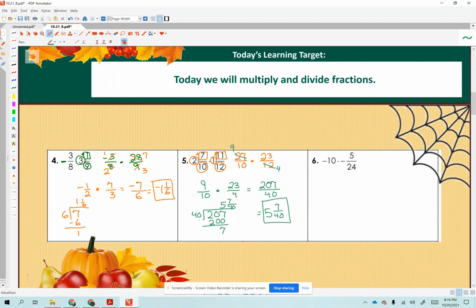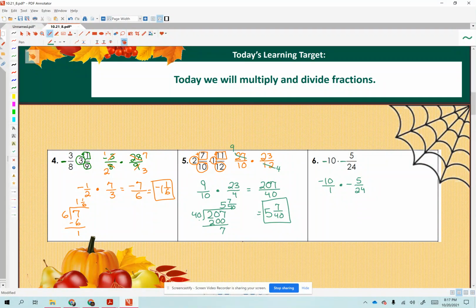And then number 6, I have -10 times -5/24. Both of these are negative, which means our answer will be positive because a negative times a negative is positive. So I can rewrite the first fraction as -10/1 times -5/24.